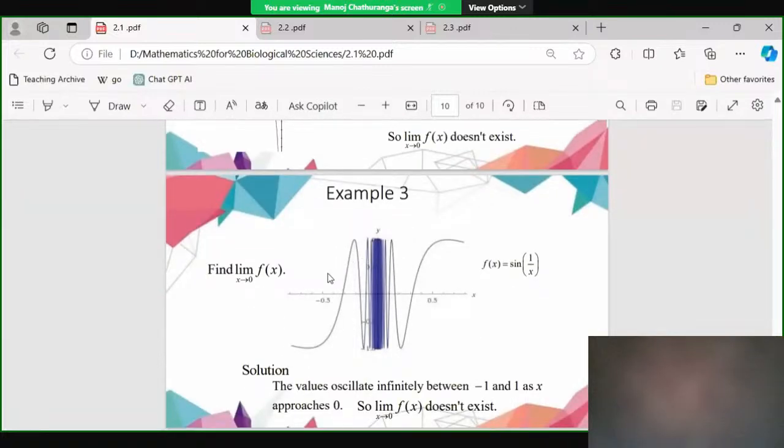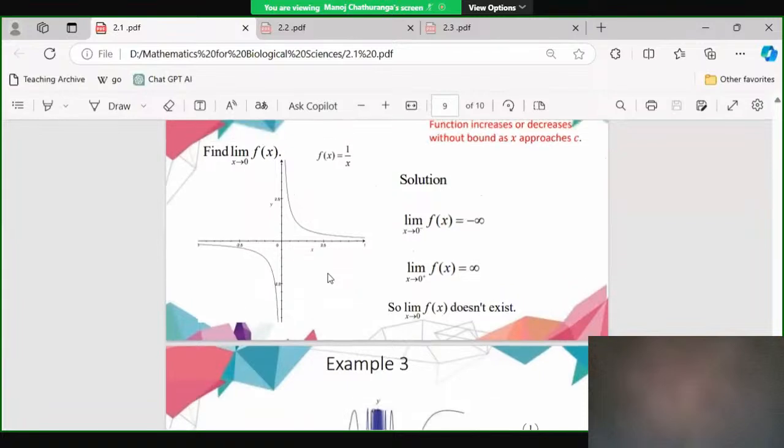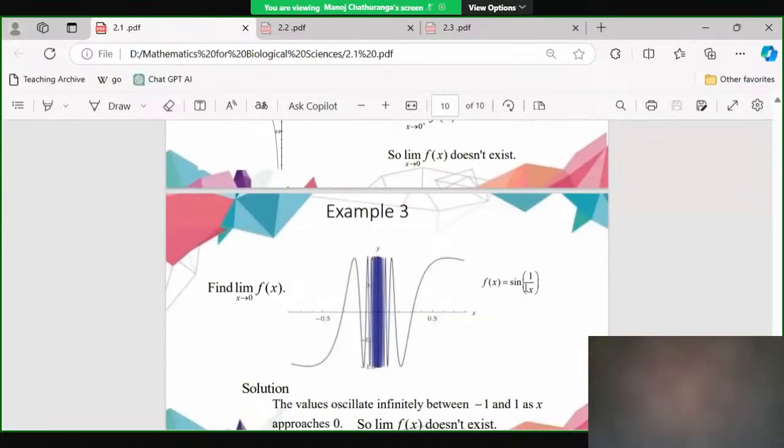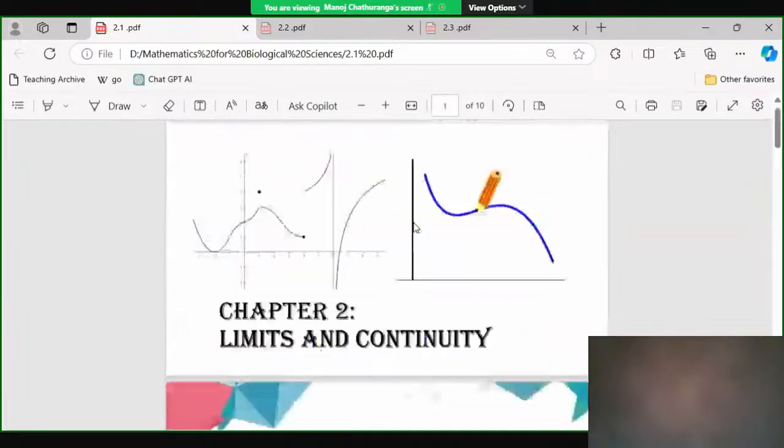This is a very unique behavior because you're composing two very special functions, 1 over x and sine x. Their properties are very different, but once you combine them, you get an even stranger behavior. Right, so that's about limits.